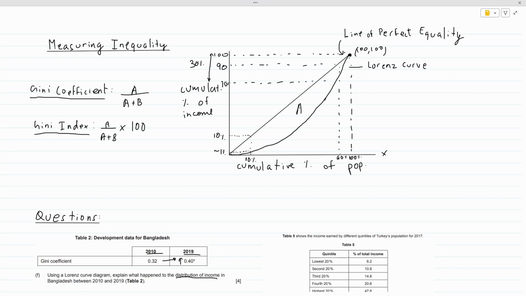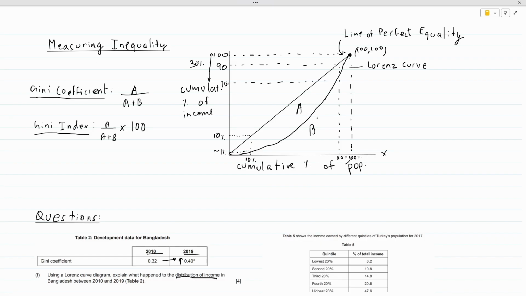So we take this as area A, and if we take the area of this sort of triangle as area B, so A plus B becomes this perfect triangle, and we apply this formula, which is area A divided by this entire area, or A plus B, we get the Gini coefficient.